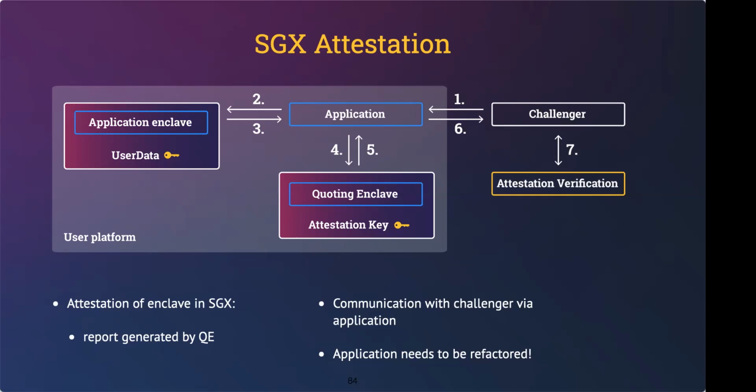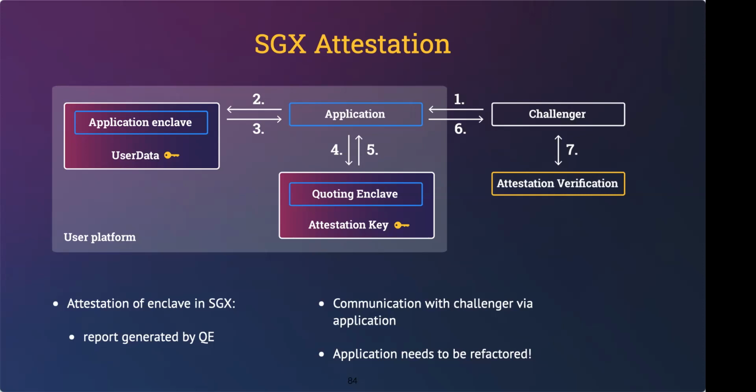There is then a second enclave, called the quoting enclave, that signs a report, and that report is sent to the challenger, which can verify it. One can deep dive into these attestations. This is understandable, but it is complex.